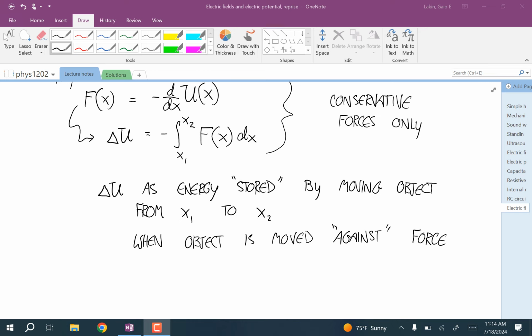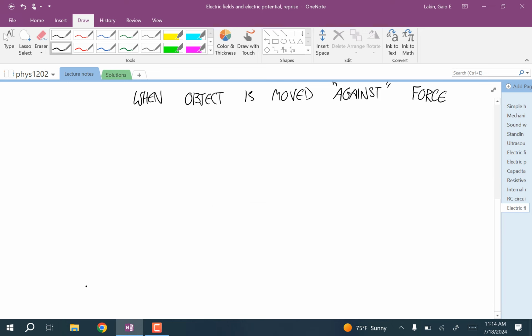Okay, let's see how all these ideas come together mathematically in the case of a gravitational field. So for a gravitational field, I'm going to call the positive direction up, the negative direction down, like I usually do.